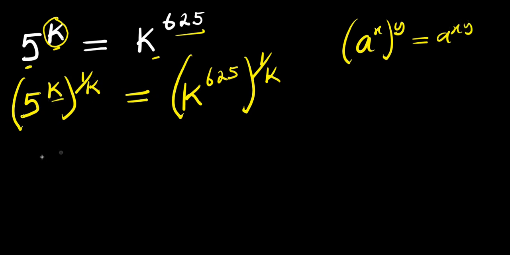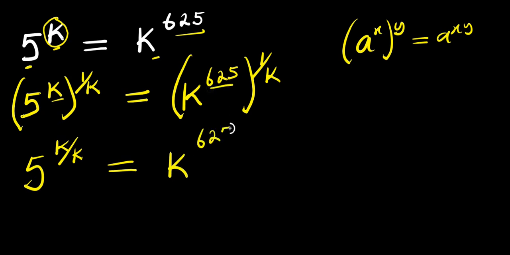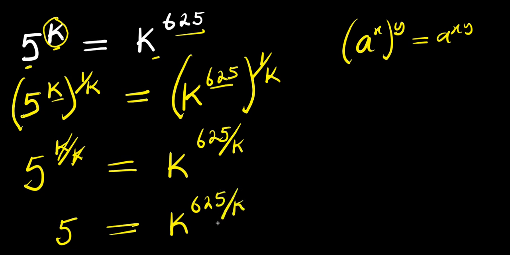So k times 1/k, we have 5^(k/k) equals k^(6/5 times 1, which is 6/5) divided by k. k eliminates k, we have 1, so we have 5 equals k^(6/5) divided by k.